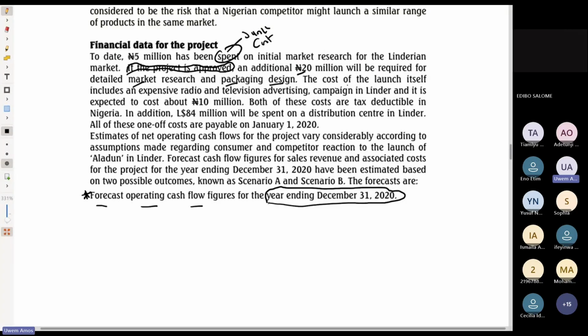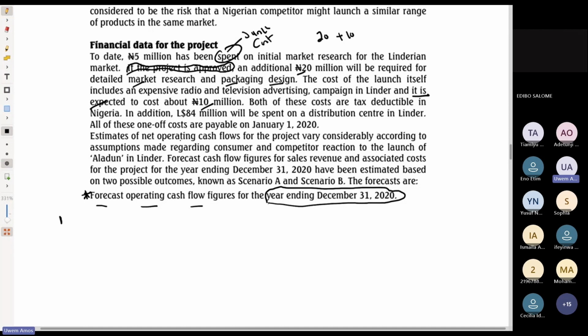The cost of the launch itself includes an expensive radio and television advertising campaign in Linda, and it is expected, so it's a future cost. It costs 10 million, so we have 20 million for market research and another 10 million. Both of these costs are tax deductible in Nigeria.